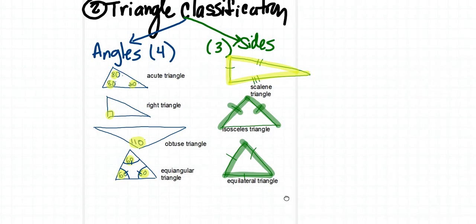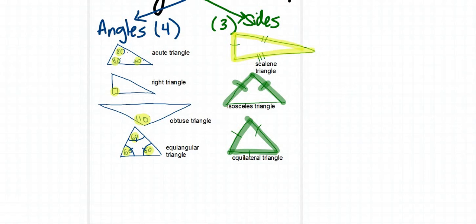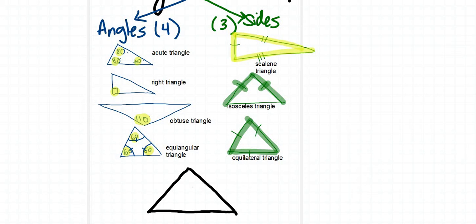Now, you can classify triangles using both classifications. I'm going to give you an example. If you could draw this triangle down below, I'll give you an example of how we name them.